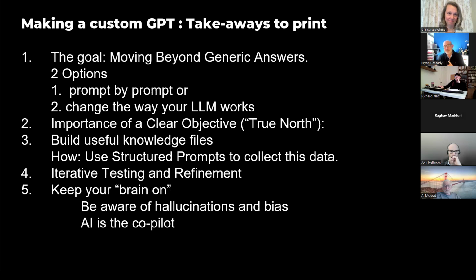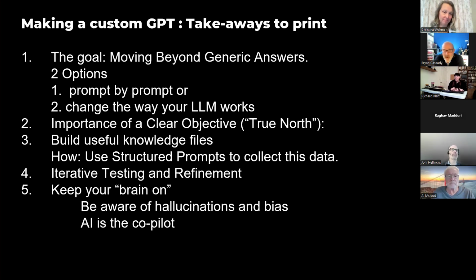Before we get to questions and answers, I'm going to give you a few takeaways. The goal here is to move beyond generic answers and to make it easier. You can do it prompt by prompt, or you can change the way your LLM works. One way to change the way your LLM works is to change the data, the instructions, and the way it works.